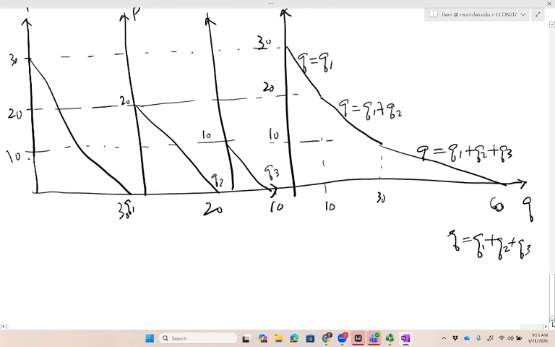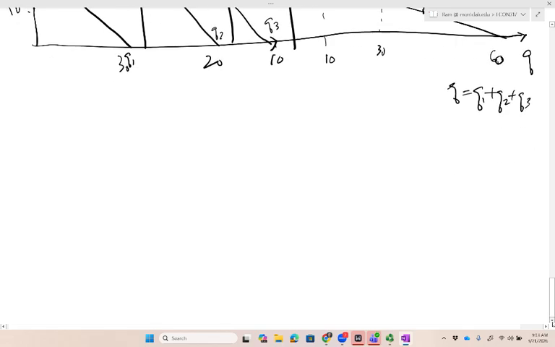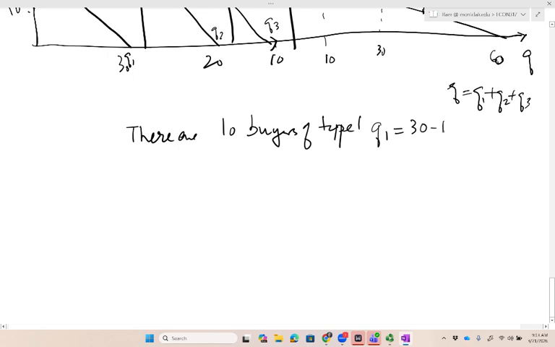Now, there is another way to do this aggregation exercise. We assume the following: there are 10 buyers of type 1. When I say type 1, I mean those who have the inverse demand function 30 minus P, the demand we had assumed in the previous case.